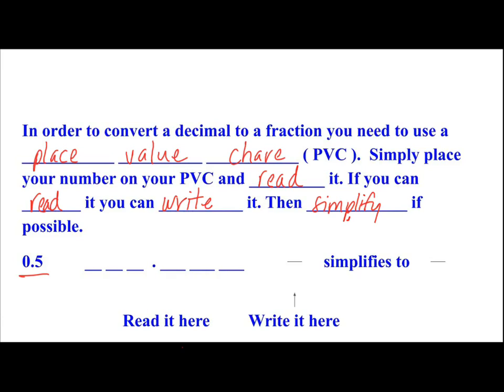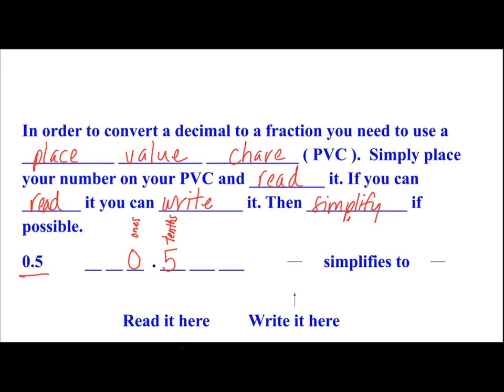So here we're going to use this decimal, 0 and 5/10. Well, my 0 would belong here on my place value chart, right in front of the decimal point. This is the ones place, as you probably remember. My 5 would go right here after the decimal point. This is the tenths place.